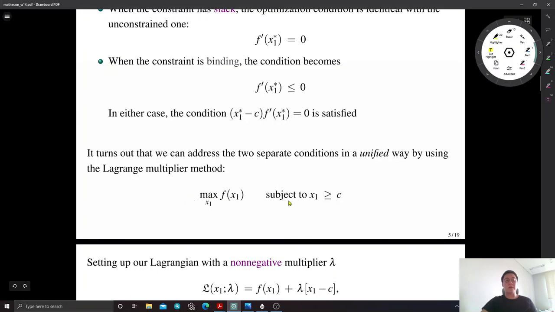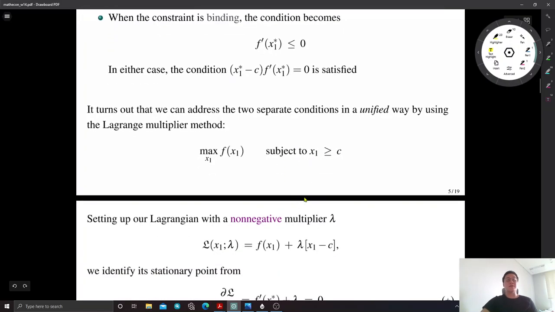Now going back to the previous example, we want to maximize function f given this constraint. And just as we did in case of equality constraint, we set up the Lagrangian. Right? But there are two important differences. The first important difference from the previous Lagrangian method is that now the multiplier is non-negative.